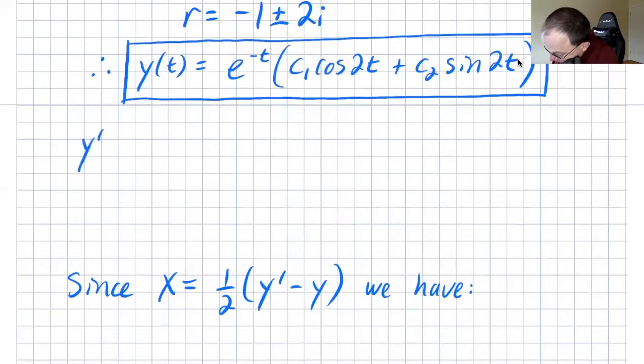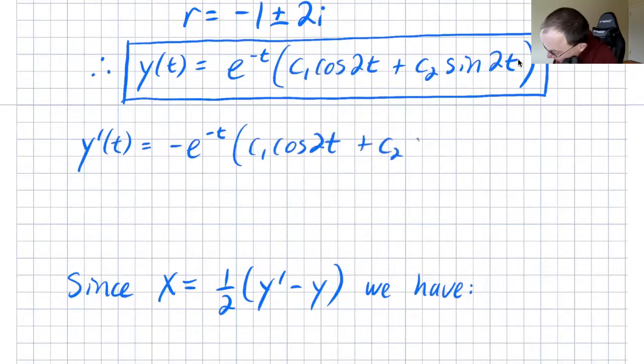So let's do it. y prime is equal to the derivative of the first term times the second plus the first times the derivative of the second.